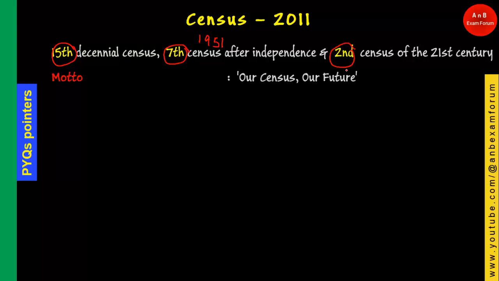The other question they can ask is the motto. What was the motto of census 2011? The motto was very simple: Our Census, Our Future. It is just a static pointer. The mascot at that point was the woman enumerator. An enumerator is someone who does the counting.